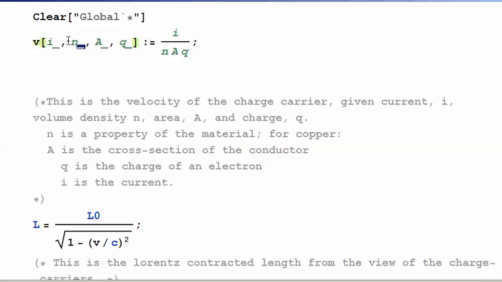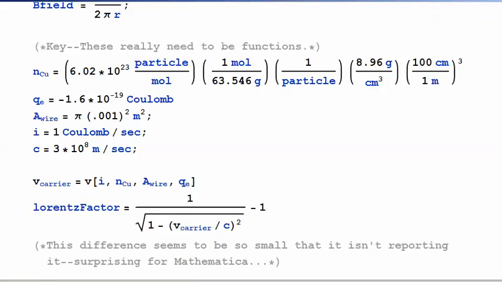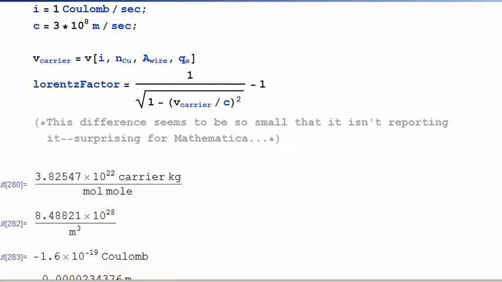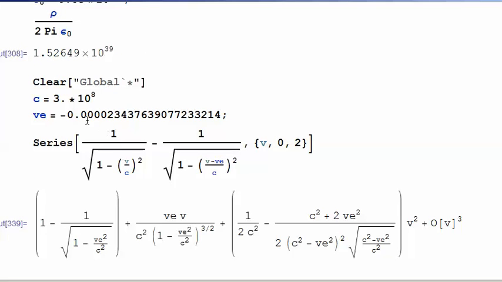This is the actual charge carrier density of a copper wire, A is the area, and Q is the charge on the electron. Anyway, when I plugged it into that formula, I got 0.00002 meters per second.